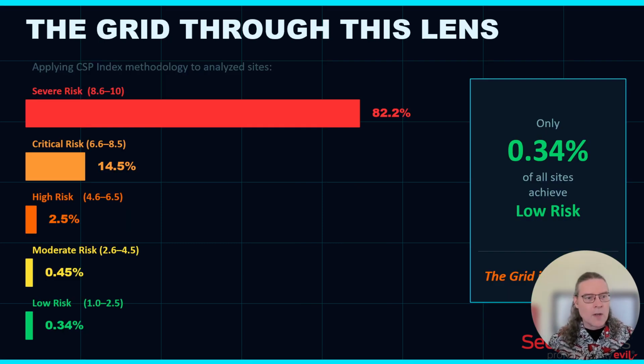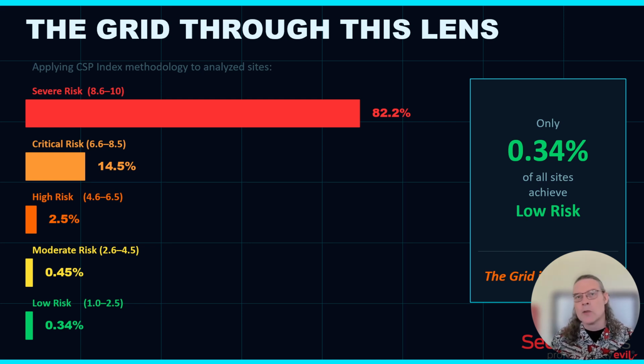And so through this lens, what this would tell us is that if we were to look at the same data that I had out previously, 0.34% of websites would actually fall somewhere between 1 and 2.5 of that low risk, and the vast majority fall into a number that's over 8.5, right?